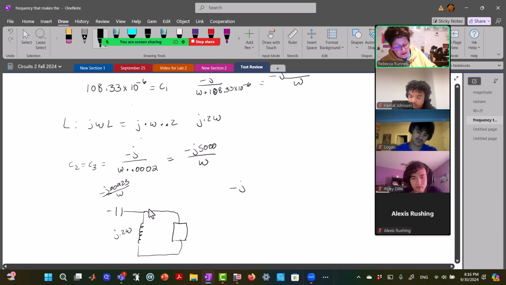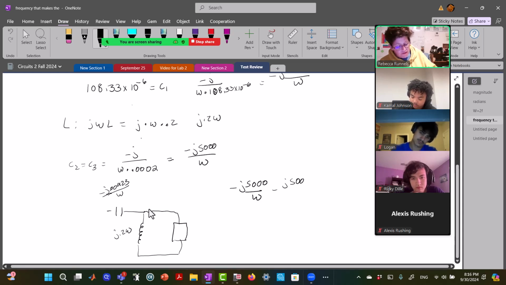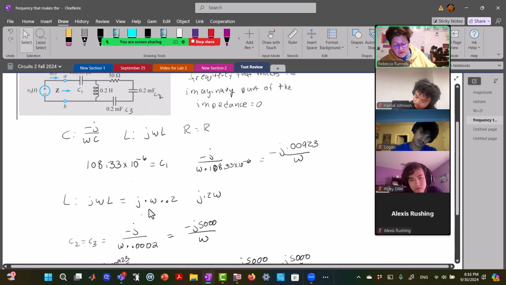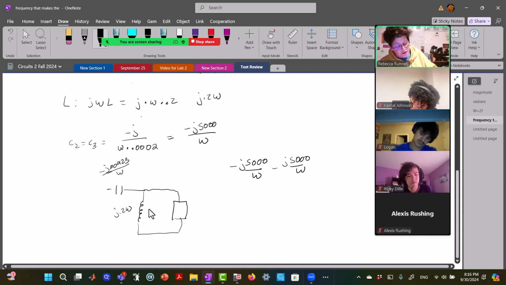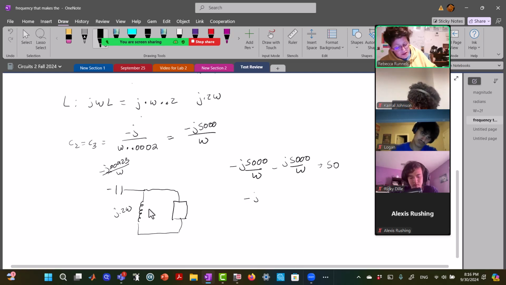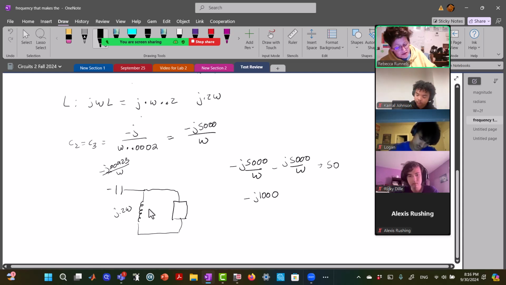So I get minus j 5,000 over omega, minus j 5,000 over omega, and then the last one was a resistor, which was 50 ohms. Just add those together. I get minus j 10,000 over omega plus 50 ohms.